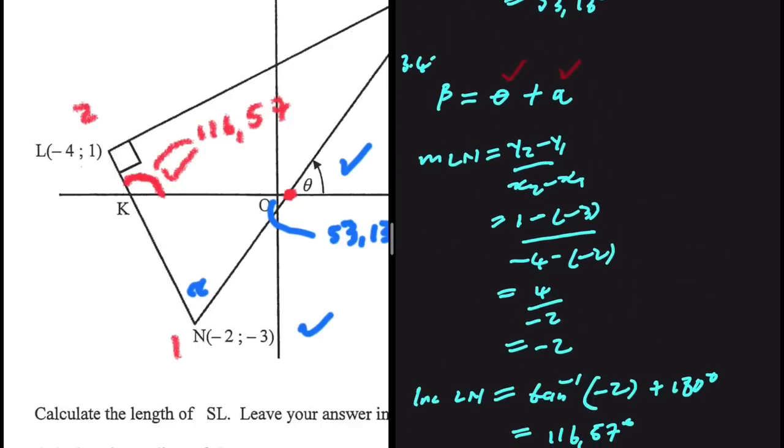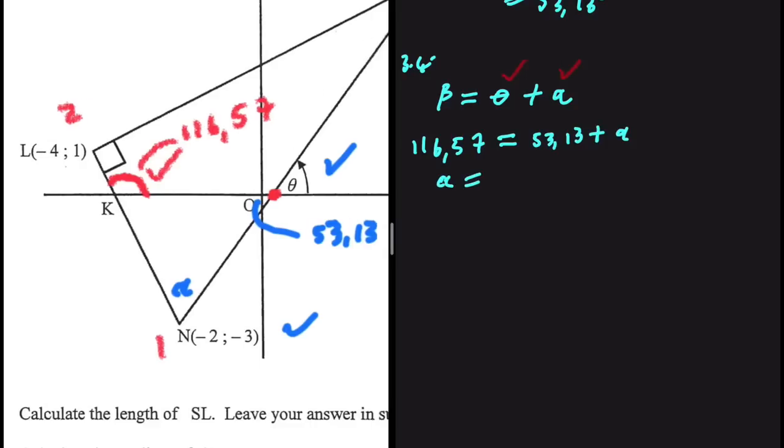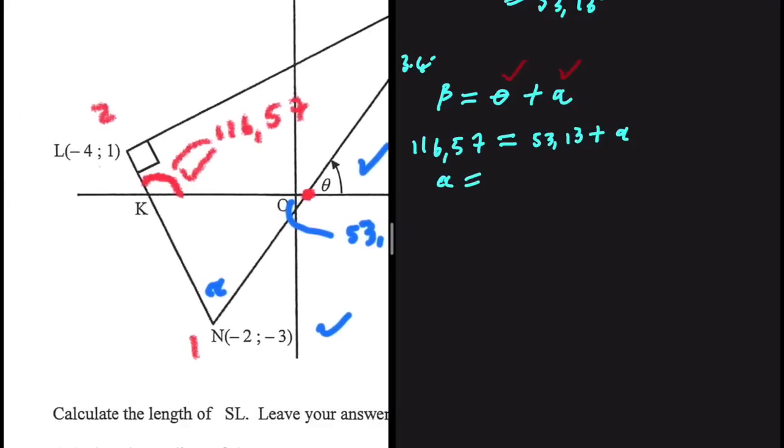What does that tell us? Let's not forget what we are proposing. That tells us that 116.57 is equal to theta, which is 53.13, plus alpha. So our angle alpha, or LNS, not LKN, I'm sorry for that, will be 116.57 minus 53.13.